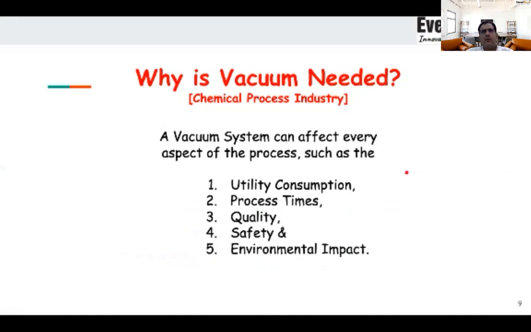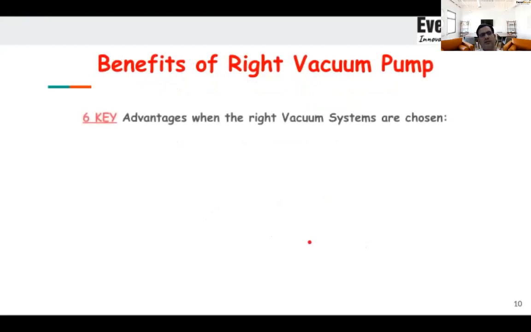So why is vacuum needed in a chemical or process industry? A vacuum system can affect various aspects of processes such as utilities consumption, process times, quality, safety, and environmental impact. Benefits of the right vacuum pumps. Like you saw in the previous slide, what all parameters it affects.